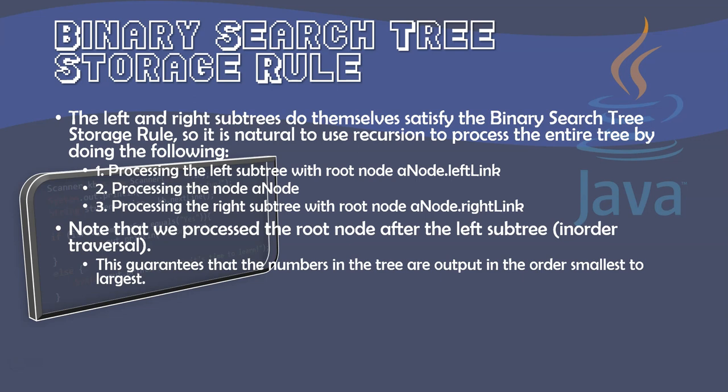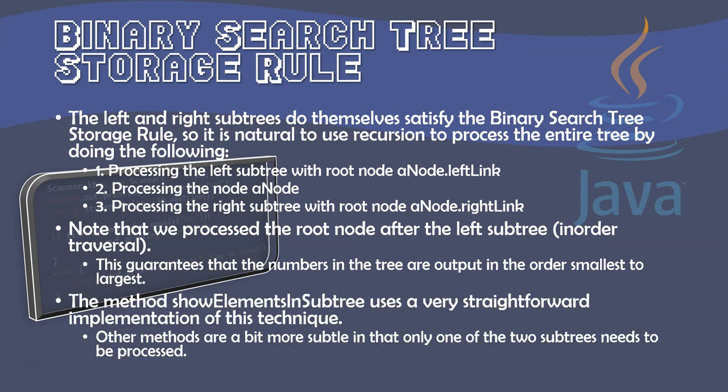Note that we process the root node after the left subtree. So this is, again, in-order traversal. This guarantees that the numbers in the tree are output in order from smallest to largest. Now, the method showElementsInSubtree uses a very straightforward implementation of this technique. Other methods are a bit more subtle in that only one of the two subtrees actually needs to be processed.